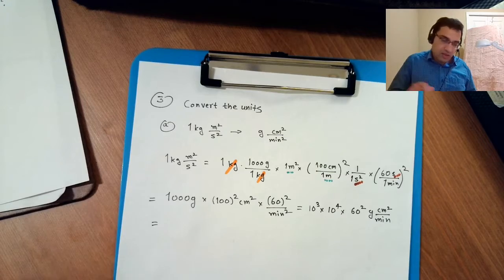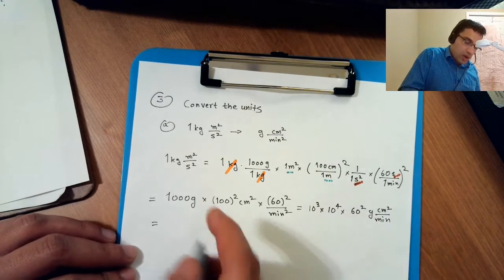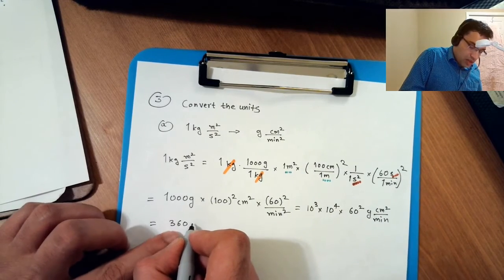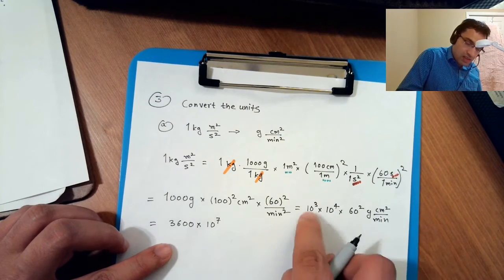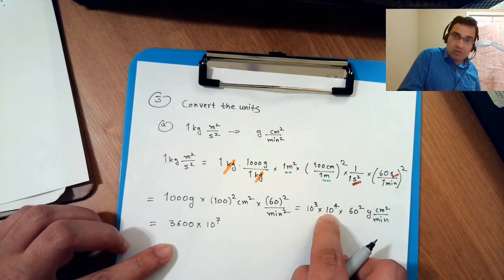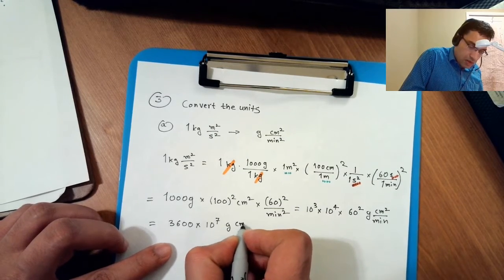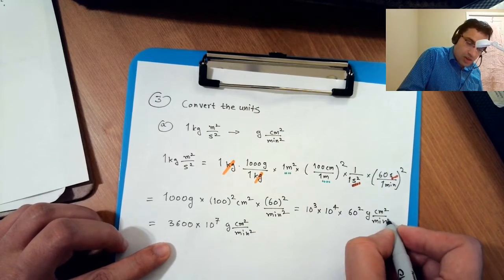Not sure you actually need a calculator, because 60 square is 3,600 times 10 to the power 7, right? 10 to the power 3 times 10 to the power 4 is 10 to the power 7 gram centimeter square divided by minute square. I forgot square here, square.